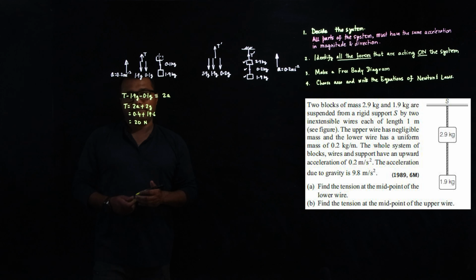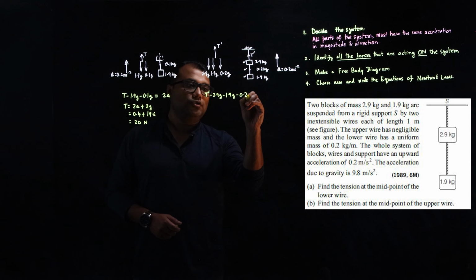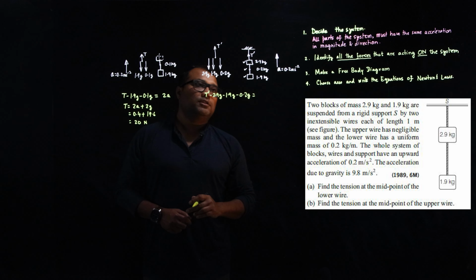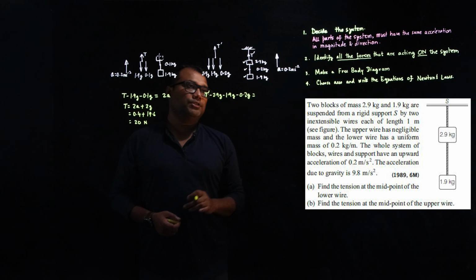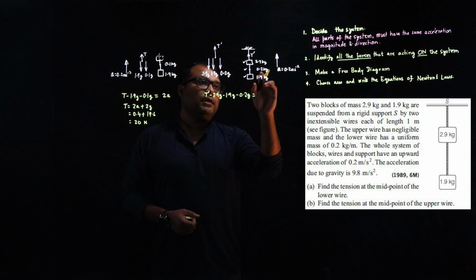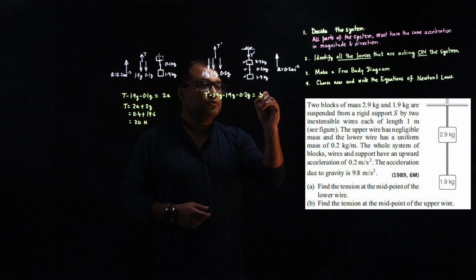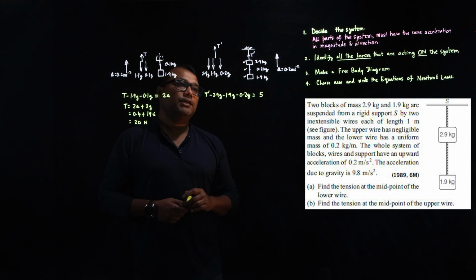Now let's write the equation for this one. T dashed minus 2.9 g minus 1.9 g minus 0.2 g is responsible for all the masses moving up with acceleration a. So 5 is the total mass in kg, times the acceleration a.